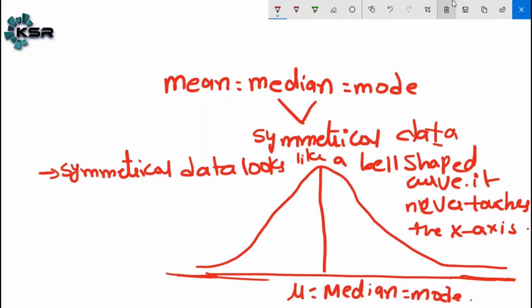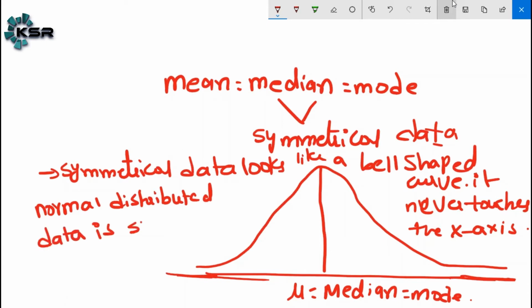So simply we can say that normally distributed data is symmetrical around its mean value, median value or mode value.